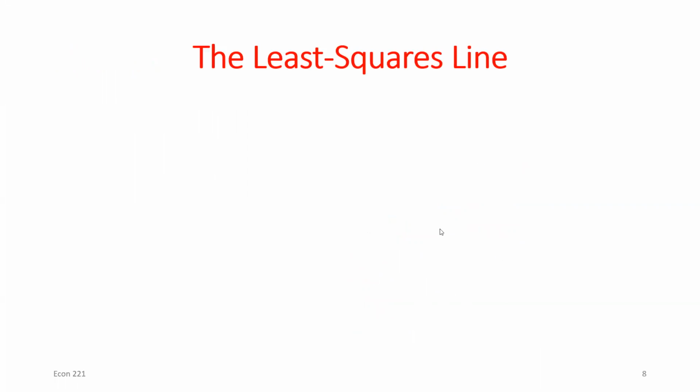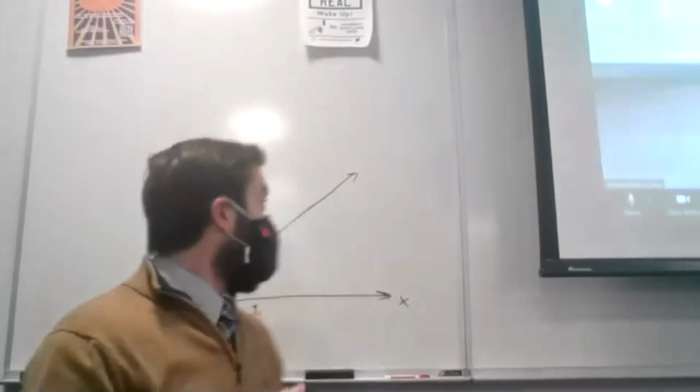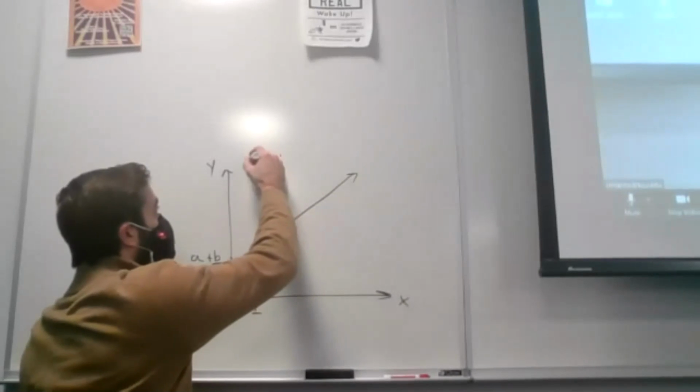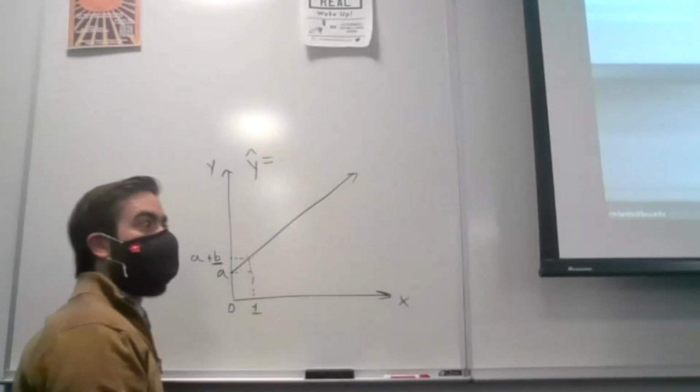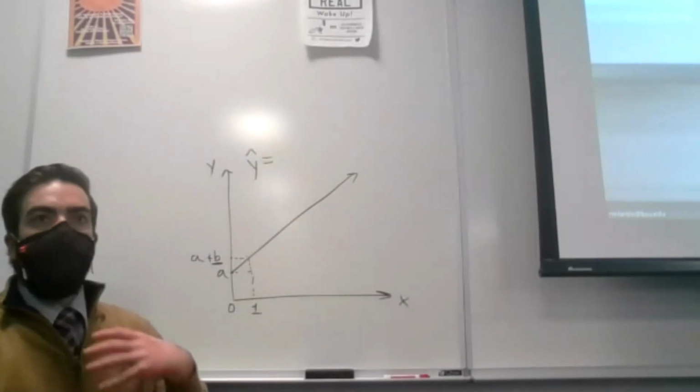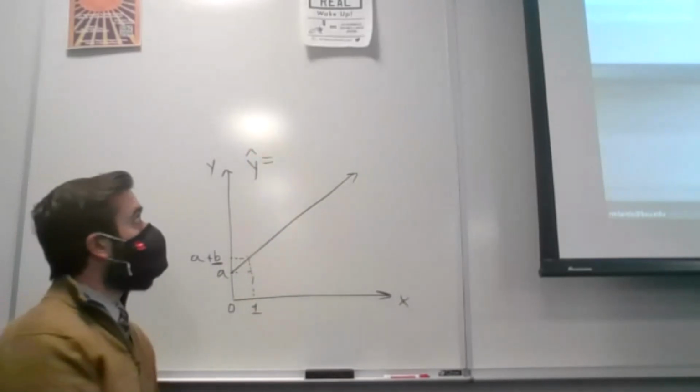So how do we get this line of best fit? We have this equation. And another thing I mentioned last class is that this equation is going to allow us to come up with predicted Y values. In the data, we can observe the actual Y values.